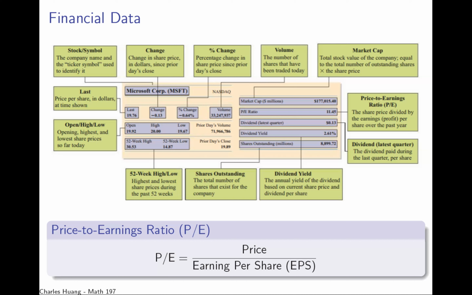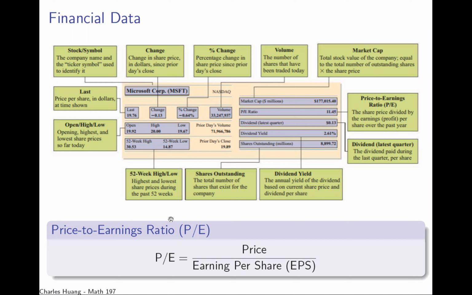Now, there's a lot of information in here. We are only going to introduce one in our class today. We're going to introduce something called the price to earning ratio. The earnings is one of the very important ways for us to decide whether a company is a good company or not.